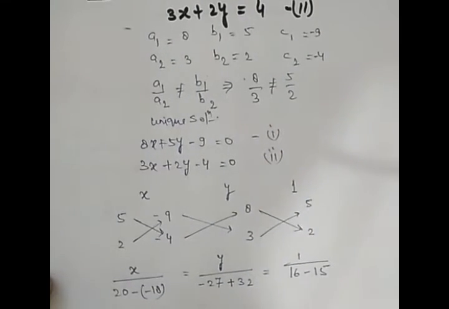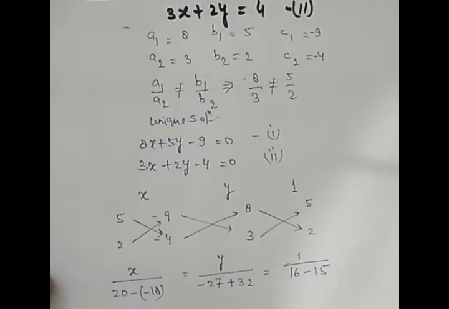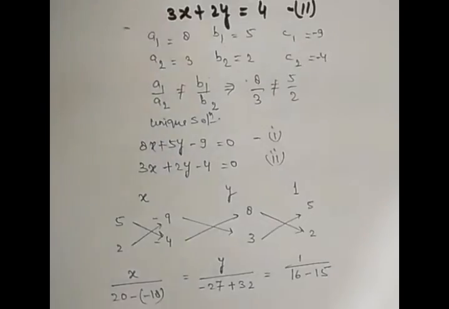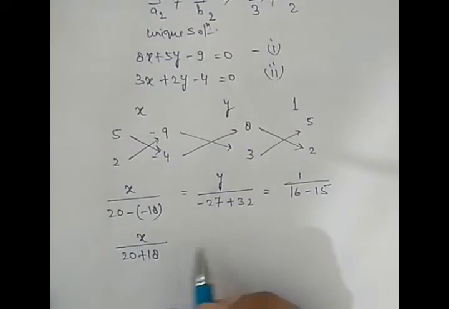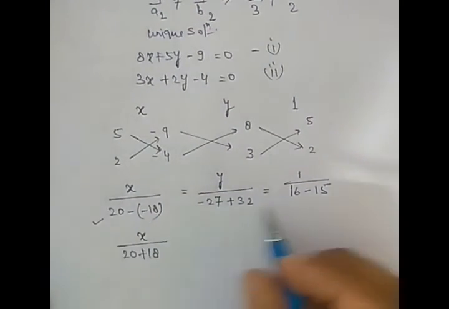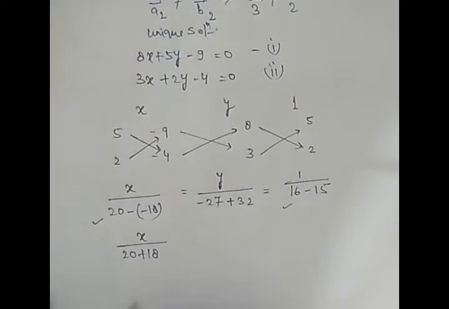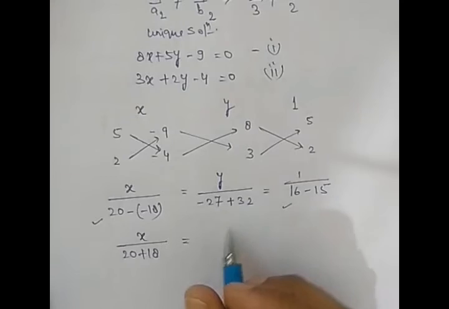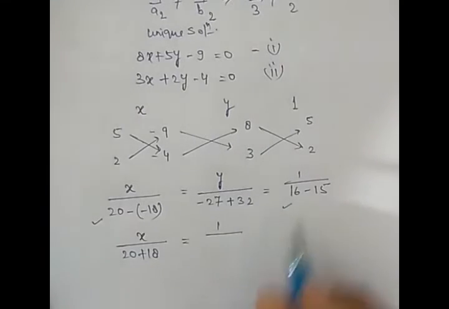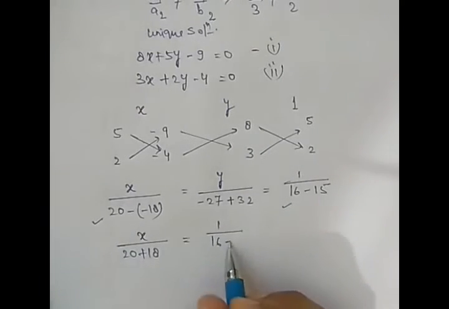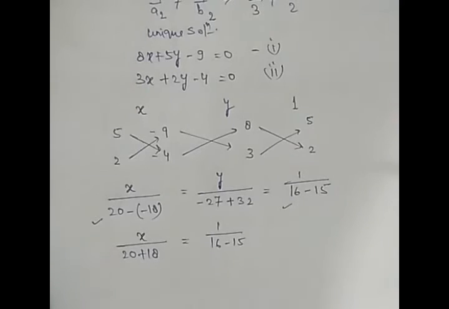So we can take x upon 20 plus 18 and this term, and equate these two terms. So this will be x upon 20 plus 18 is equal to 1 upon 16 minus 15.